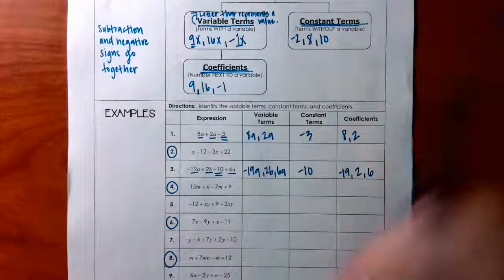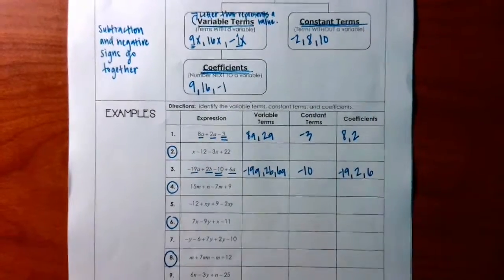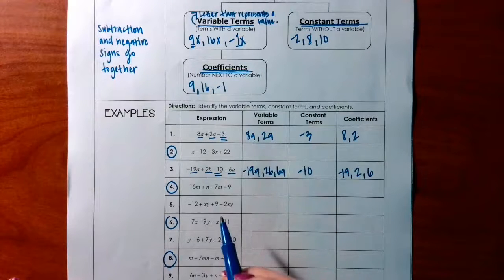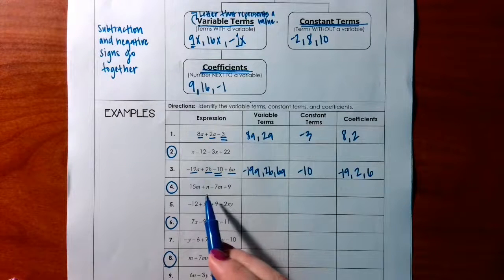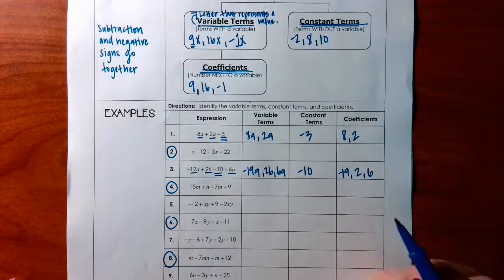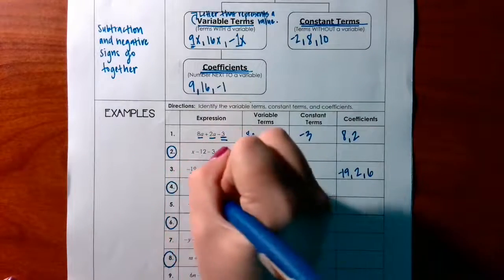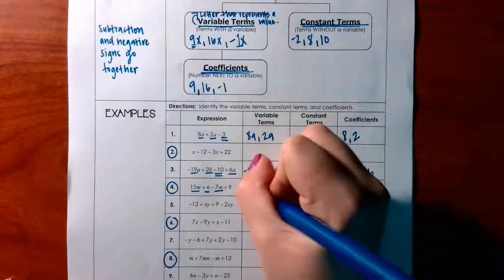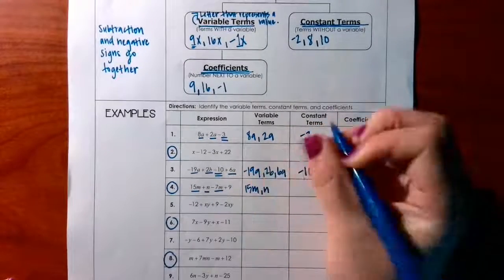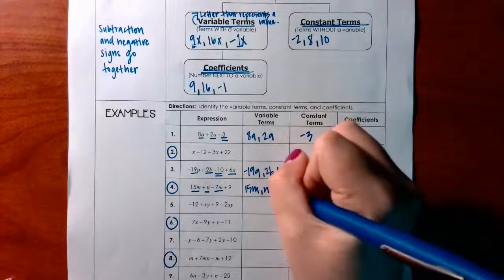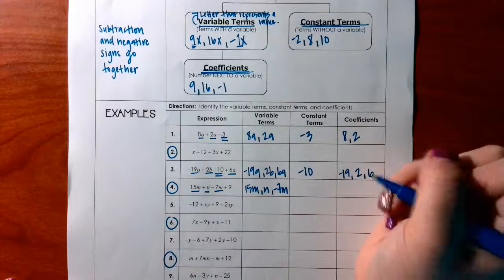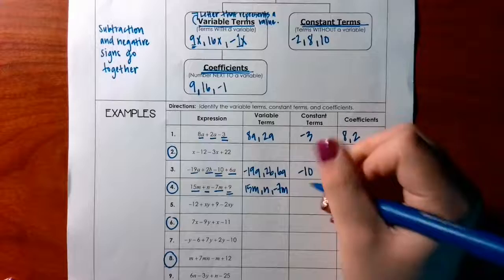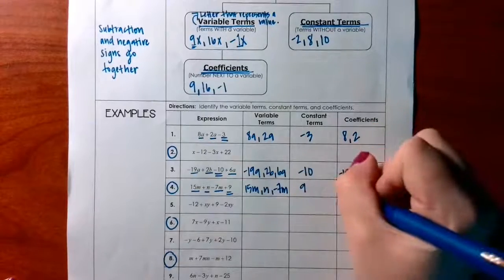Okay, number 5, or excuse me, number 4 is 15m plus n minus 7m. So I'm going to do the same thing. I'm just going to underline my variable terms, which is 15m, n or 1n, and negative 7m. My constant term is just 9, and my coefficients, this is important, are 15.